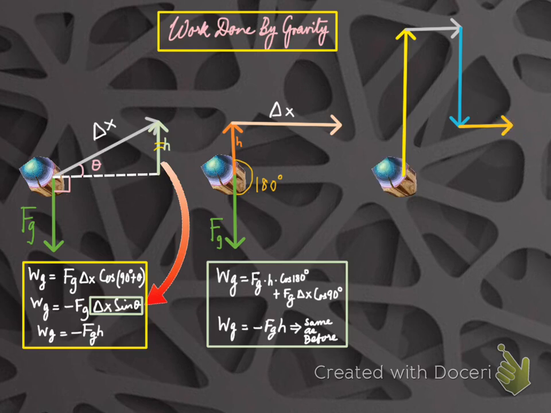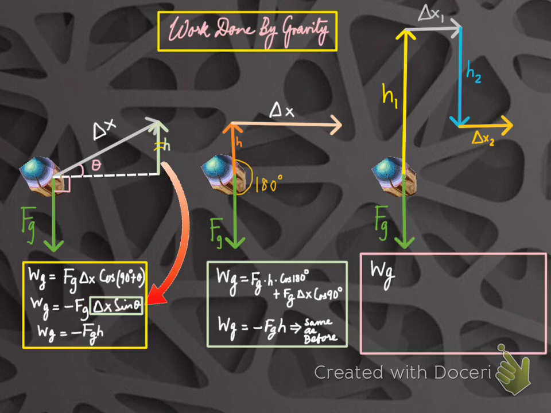Now I bring the block back and I'm going to draw the force of gravity, and we're going to figure out the work done by the force of gravity in order to take the block from the starting to the ending point following this route. So h1 was the first displacement, delta x1 was the first horizontal displacement, h2 was the downward displacement, and delta x2 is the second horizontal displacement.